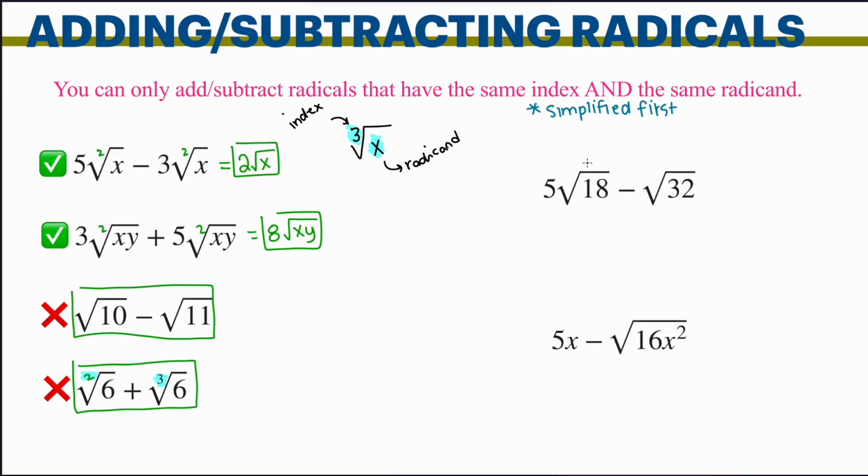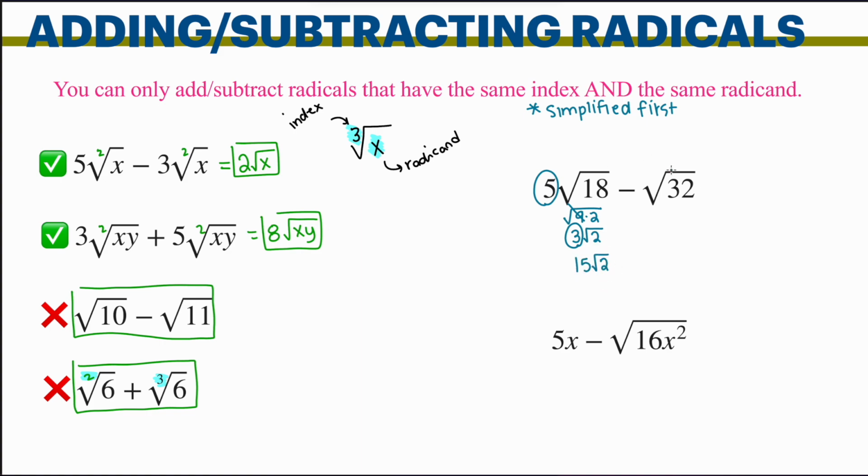The square root of 18 is 9 times 2. The square root of 9 is a perfect square. It is a 3. The 2, you cannot take the square root of, and so you leave it as a square root of 2. So you can take the coefficient 5 and now the coefficient 3 to give you 15 square root of 2.